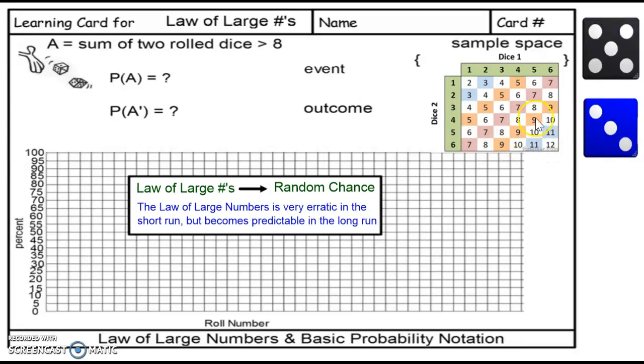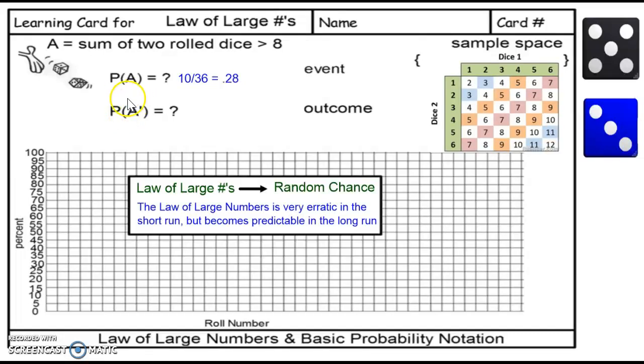So that's 1, 2, 3, 4, 5, 6, 7, 8, 9, 10 out of the total sample space, which is 36. So the probability of A, rolling a sum of two dice that is greater than 8, would be 10 out of 36. So 10 out of 36 is about 28%. So that's what we're looking at right there.